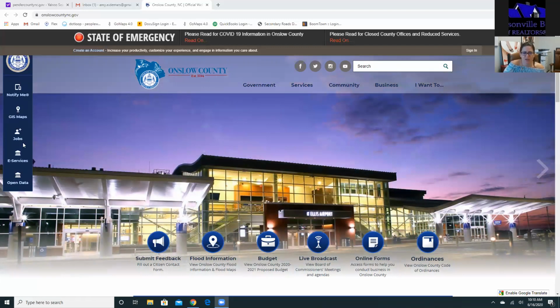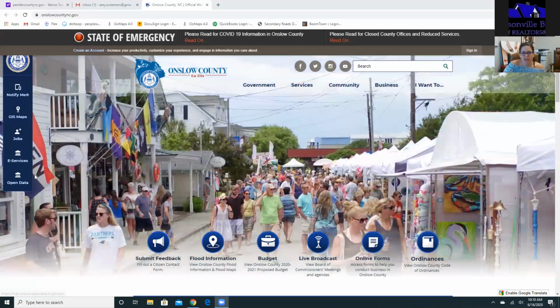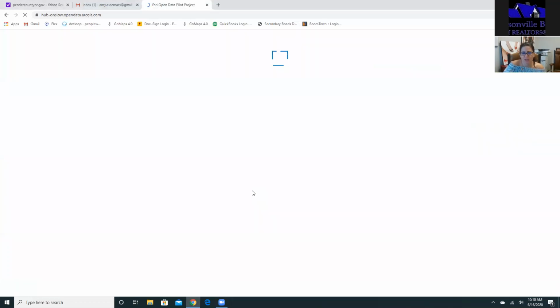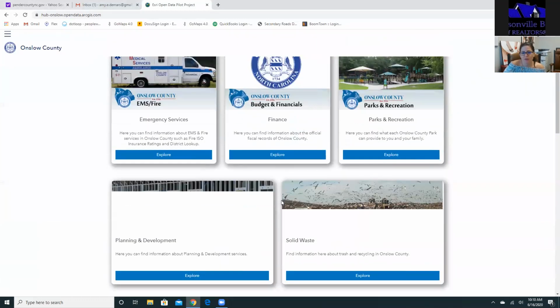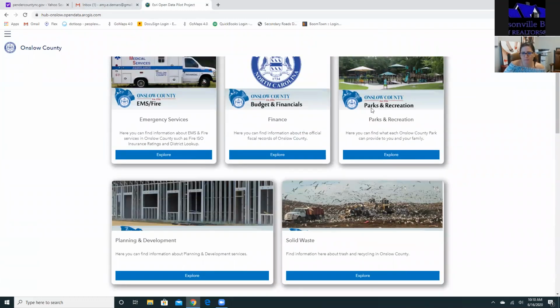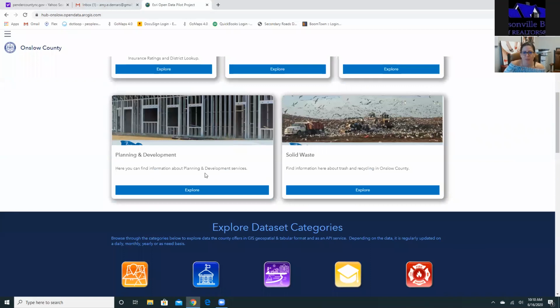E-services is where we're going to spend our time today, but also check out this open data tab. I'm going to click on it real quick just because they just put a ton of information on here recently. So if you've ever been looking for links to Parks and Rec for your clients or anything like that, the budget and financials are here, and planning and development.